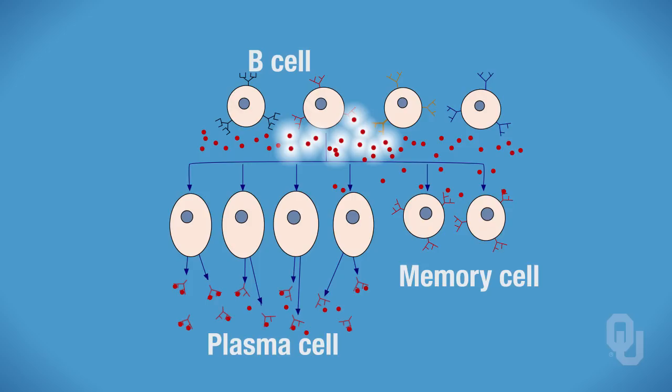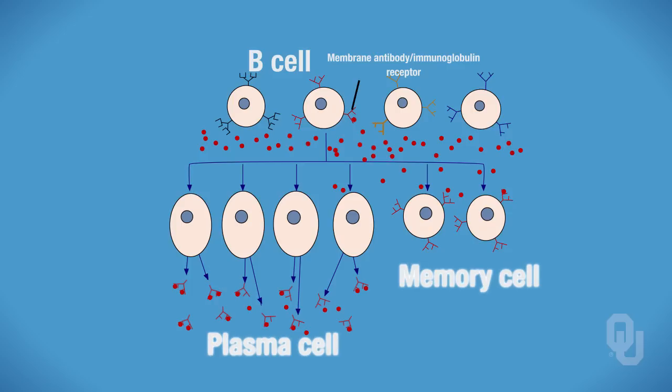What's the name of this receptor? This is called a membrane antibody receptor, or we can call it a membrane immunoglobulin receptor. Okay, so when this happens, your B cells are going to proliferate, so they can become plasma cells and memory cells.